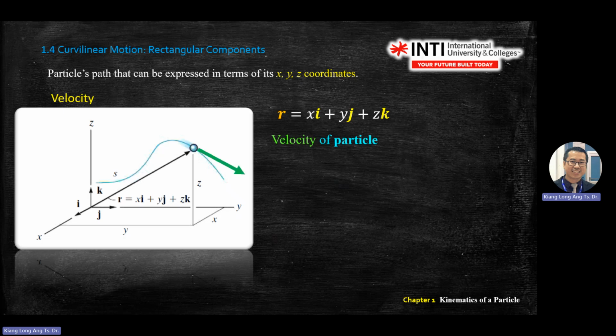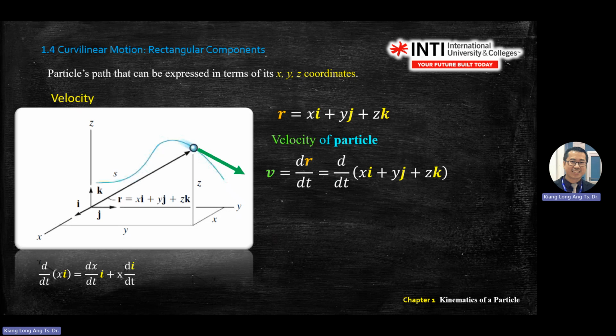If you go to the three-dimensional velocity, you just draw a 90-degree from the center of the curve. V equal to dr dt. This is just a derivation. You know that dr dt means dx dt. Dx dt is a velocity in x direction.